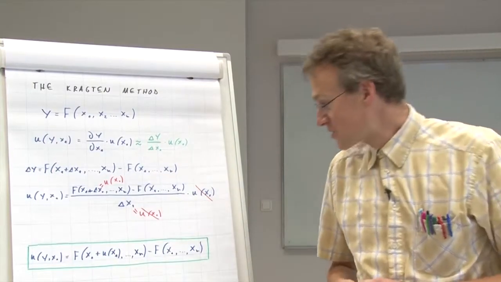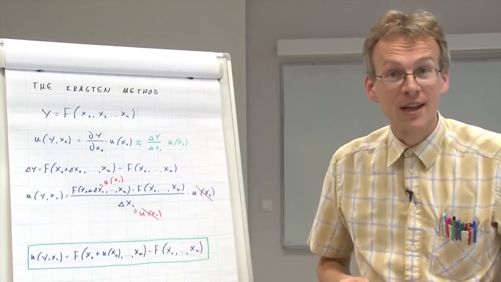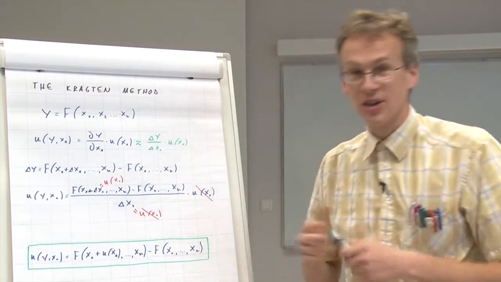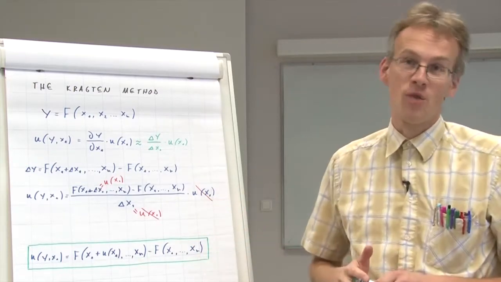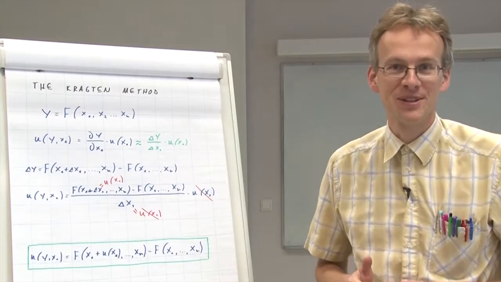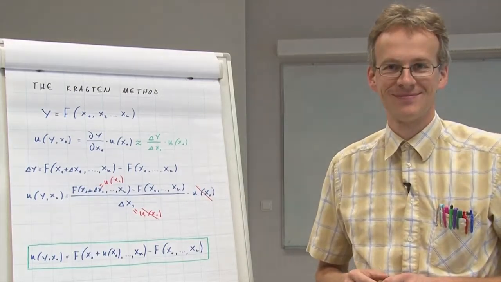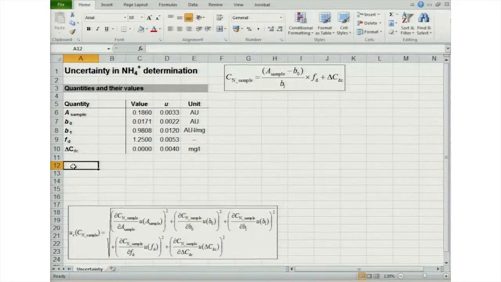We will now illustrate this by calculating, as a concrete example, the uncertainty of our particular ammonium determination example. We will carry out this uncertainty estimation using the Kragten method on the same data that we have in our ammonium example.